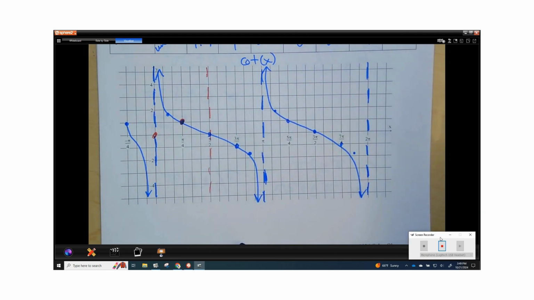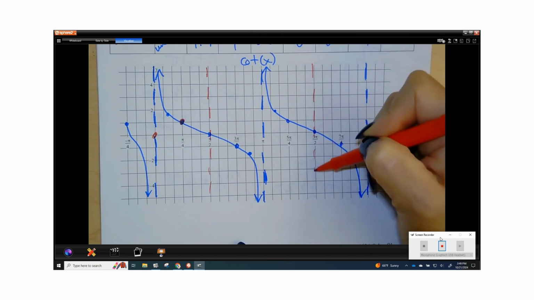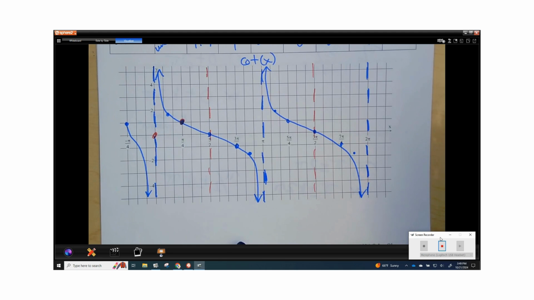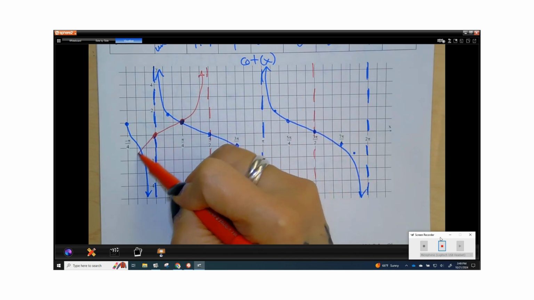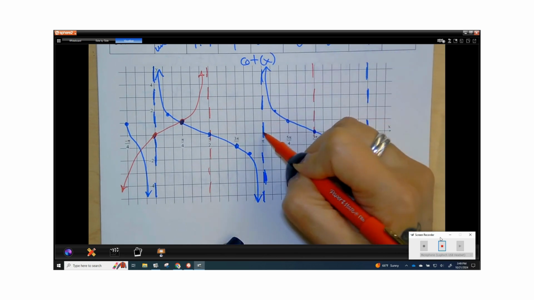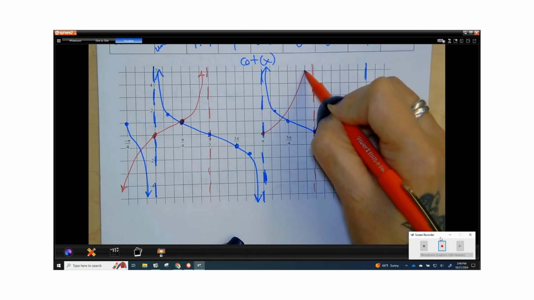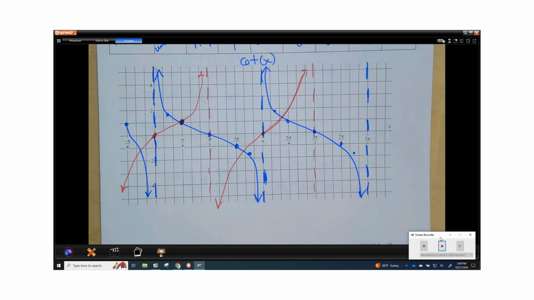At 3 pi over 2, it's undefined. Goes like this, though. So at pi, it's at 0. That's not a good curve, but it goes down. I didn't go through the points, just so you see it.